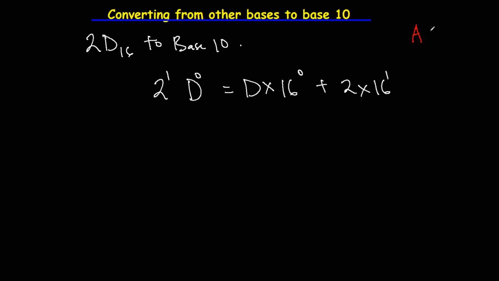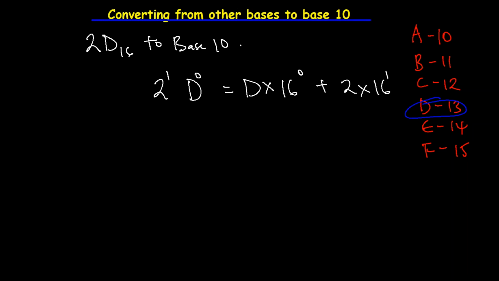Alphabets like A, B, C, D, E, F, where A represents the number 10, B represents 11, C represents 12, D represents 13, E represents 14, and F represents 15. So as we can see, D represents 13. So we'll replace the alphabet D with the number 13.